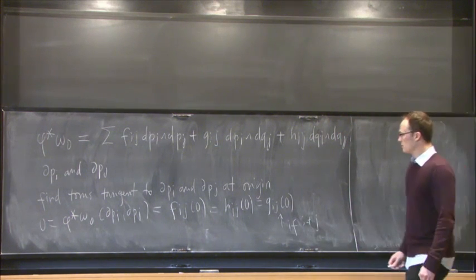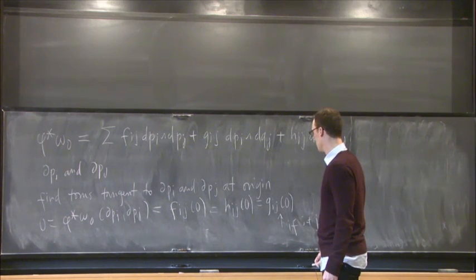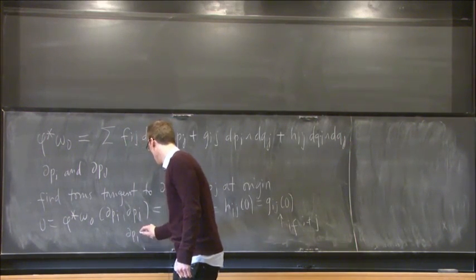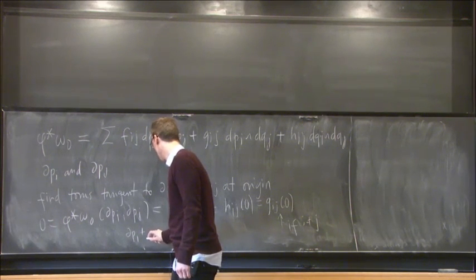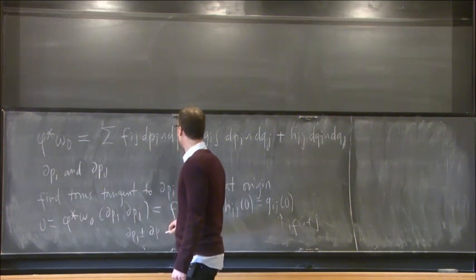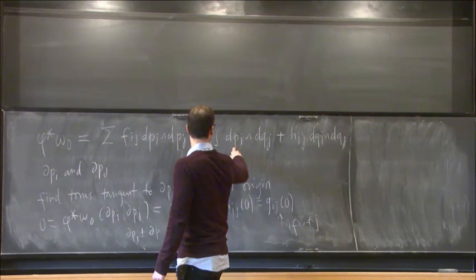So that just means that, and then I think last but not least I need to pick something like dp_i plus or minus dq, what do I need to take here?